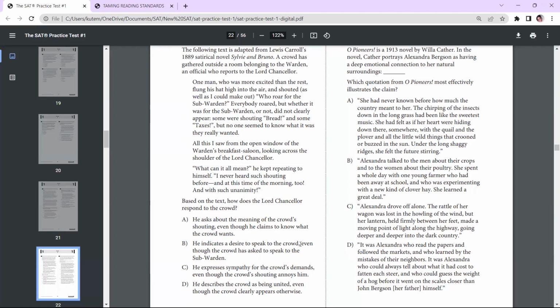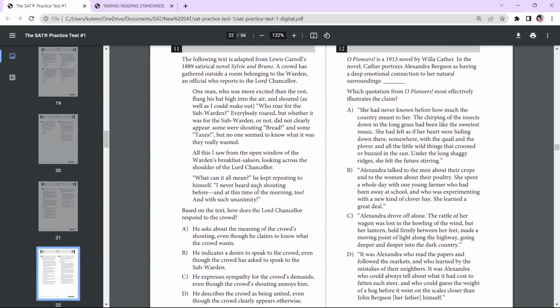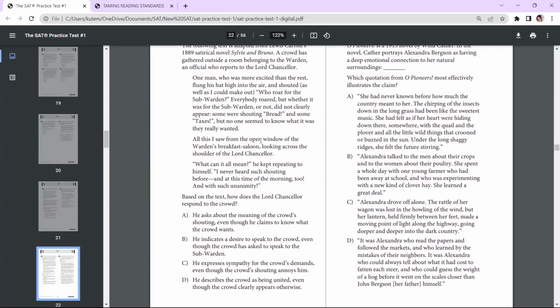And here it says, oh yeah, the last part says, even though the crowd has asked to speak to the subwarden, and there was a point, let me find it. I remember reading a part about them going to the warden. Everybody roared. Anyway, that part, it's not the chancellor who responded in that way.